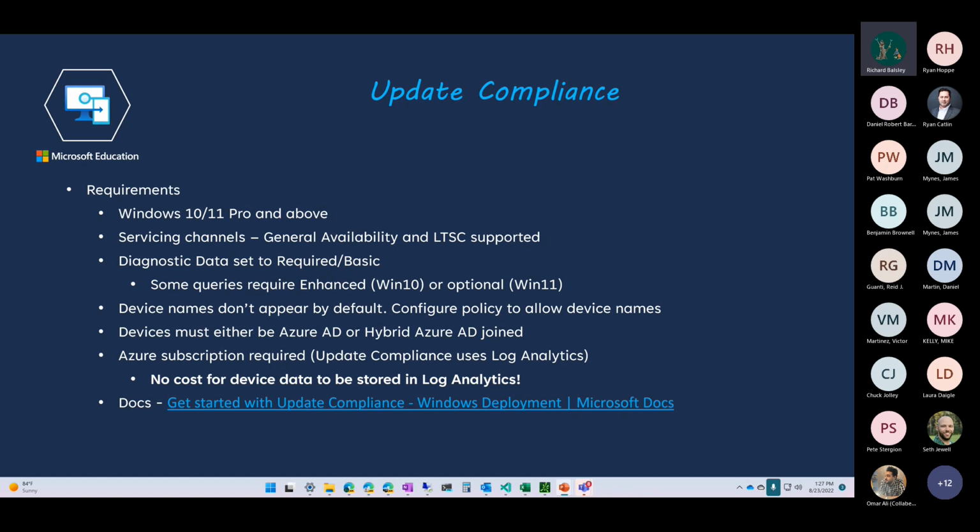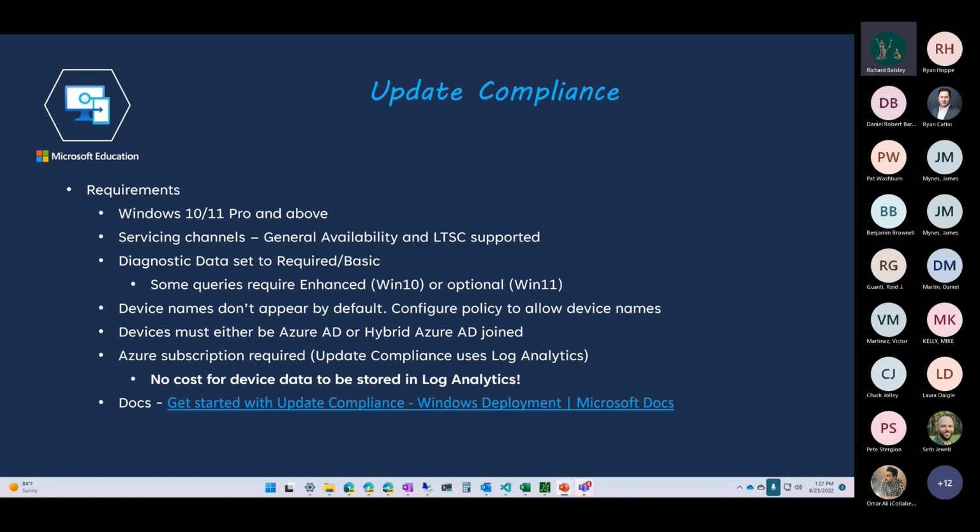And for diagnostic data, we need to send telemetry data off of the devices. That's it. You have to do that in order for the data to be processed by update compliance. And that needs to be set to required/basic. The reason there are two values here is that in Windows 10, it used to be called basic, I believe, and now it's required, or vice versa.